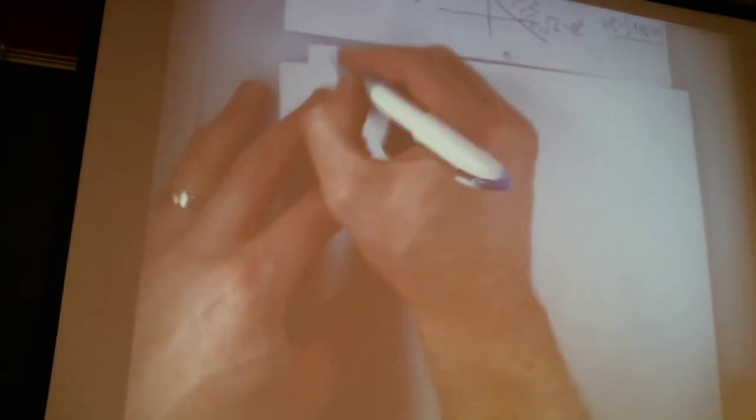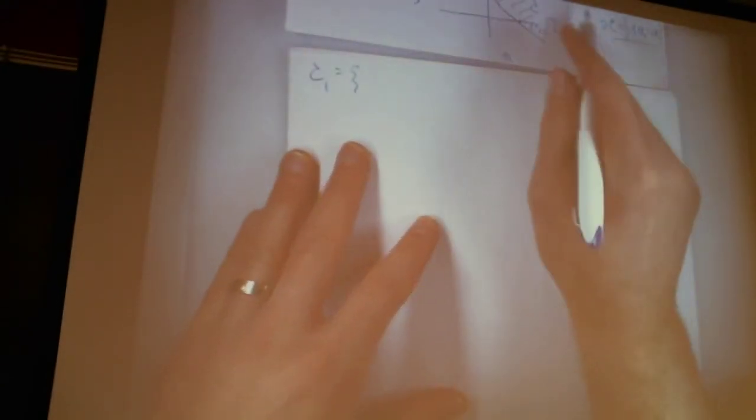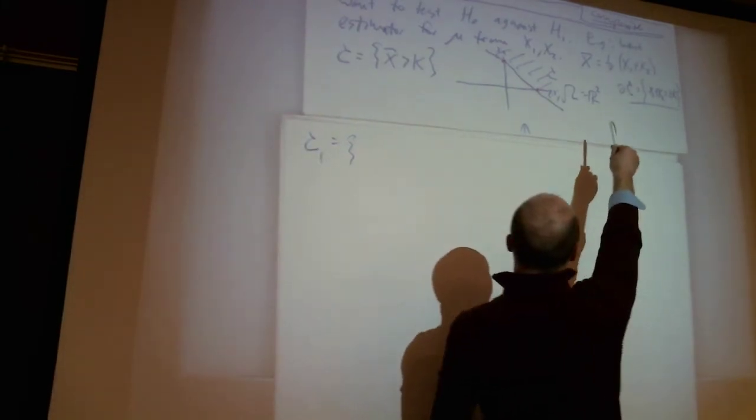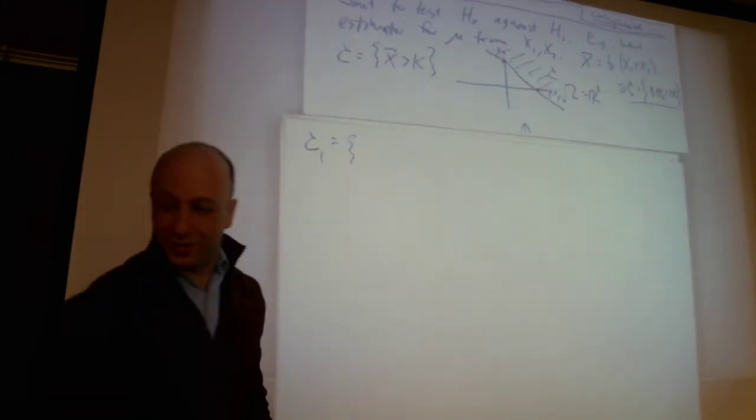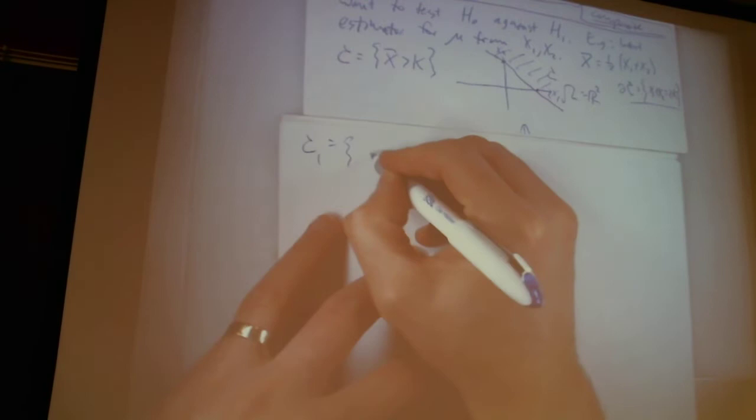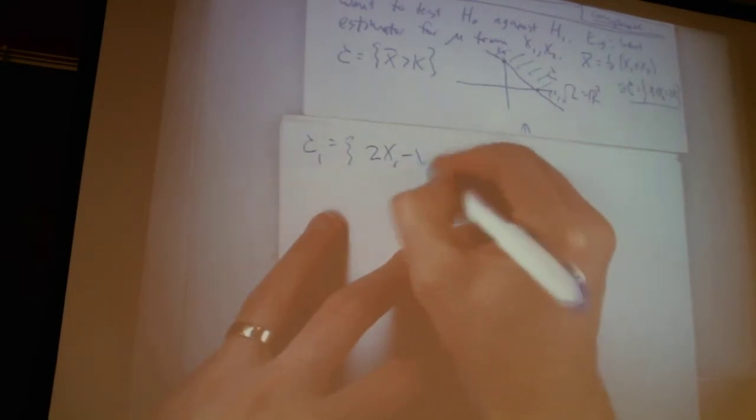Here's another way to test the same hypothesis. Here's another estimator. Here's another critical region, C1. Instead of estimating mu by the average, I'm going to estimate mu by twice x1 minus x2.